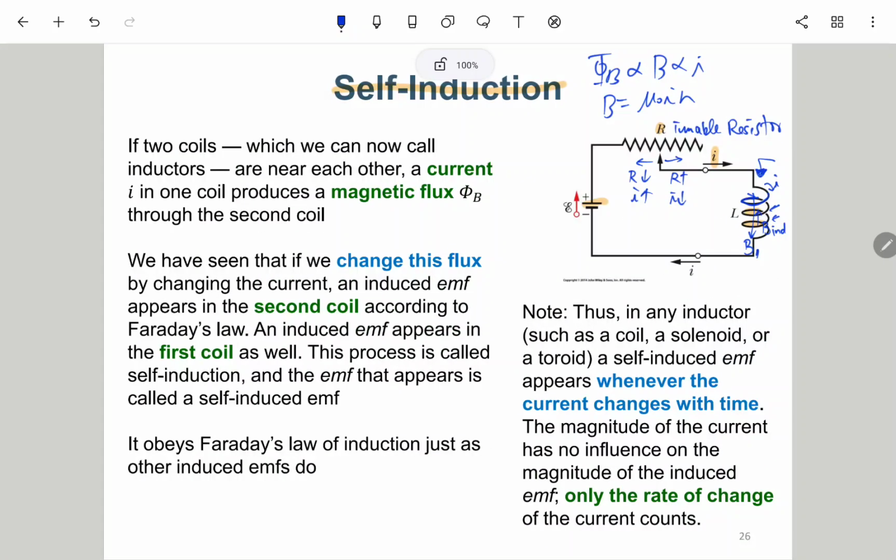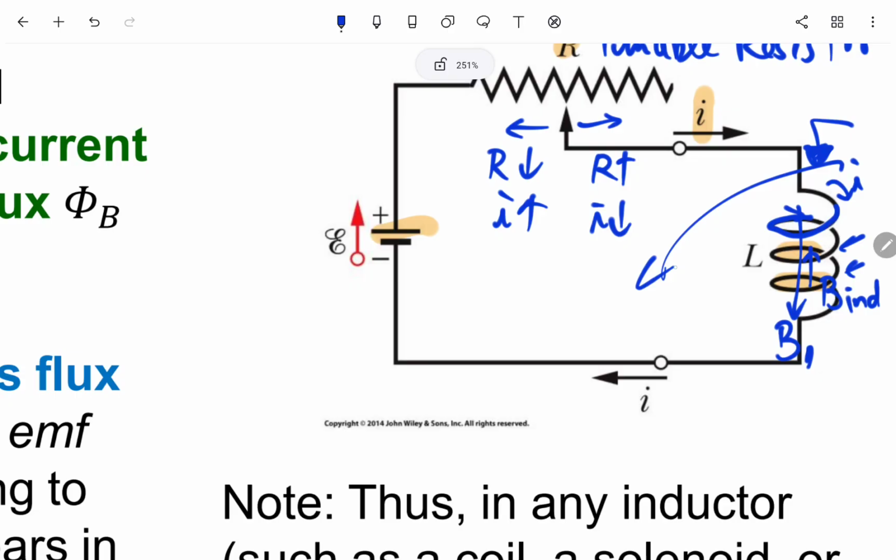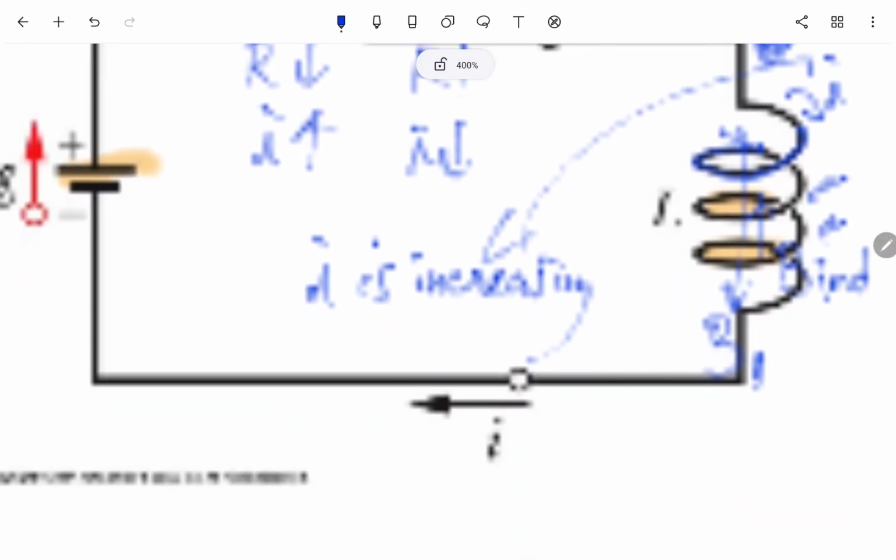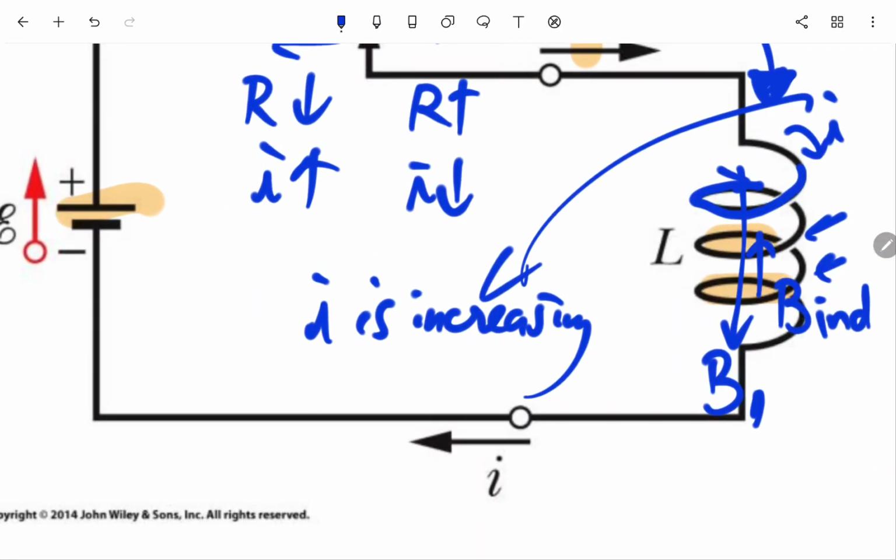So the B induced will be pointing upward, and then using the right hand rule, the induced current will be in the opposite direction to I, so that I induced will point in the opposite direction to the original current, and cancel part of the current.